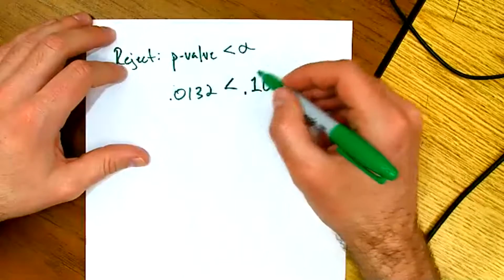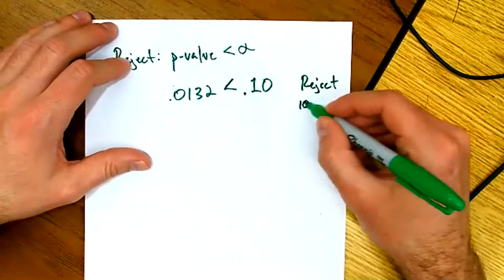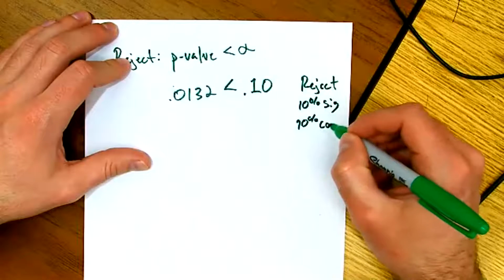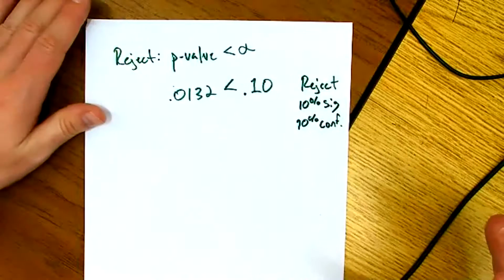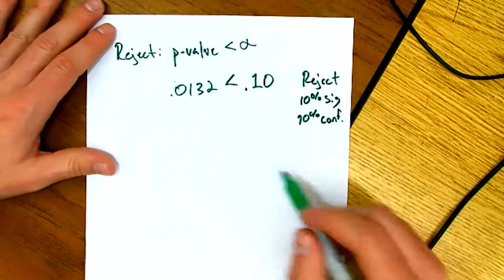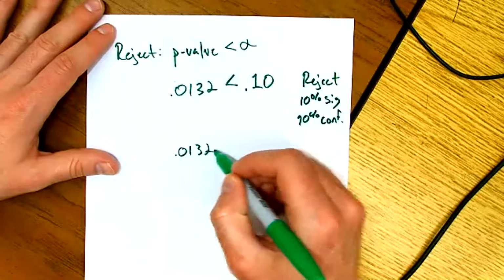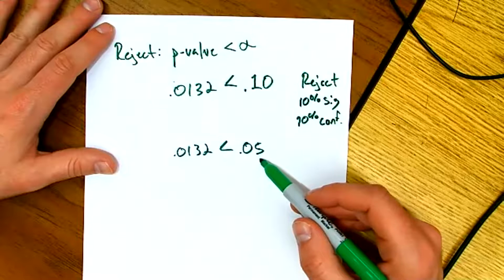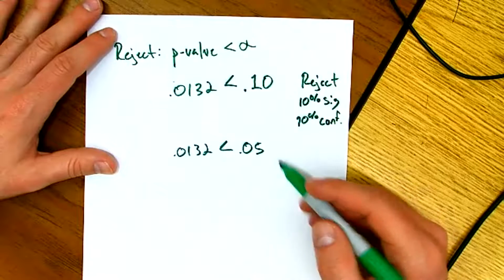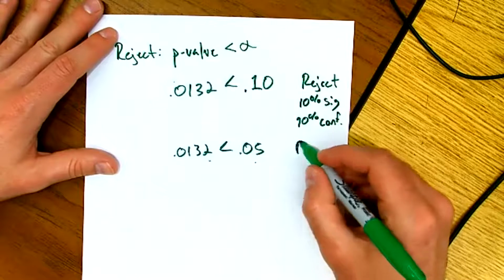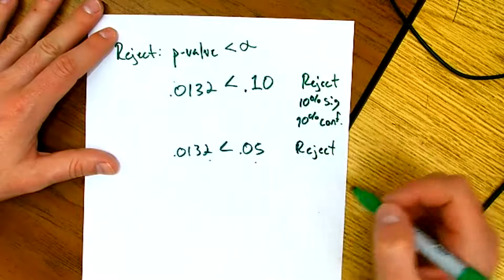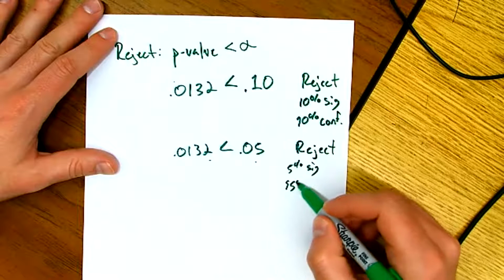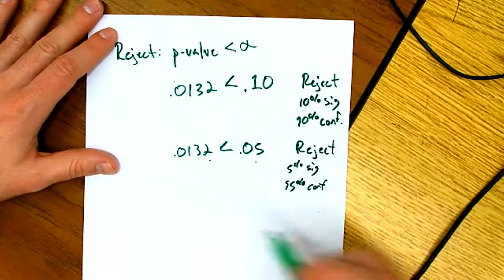So we kind of think about this as alpha. You can reject with 10% significance, or said differently, 90% confidence. I could then use that same p-value and say, do I reject at the 5% significance level or with 95% confidence? Well, my p-value is less than alpha, so sure enough, I can reject with 5% significance or 95% confidence.